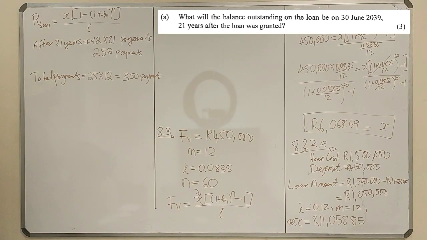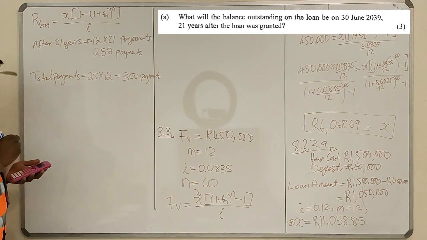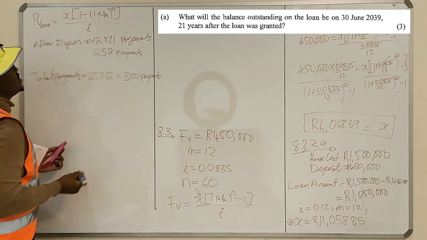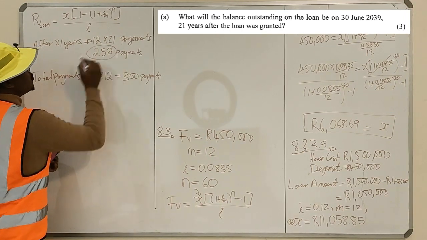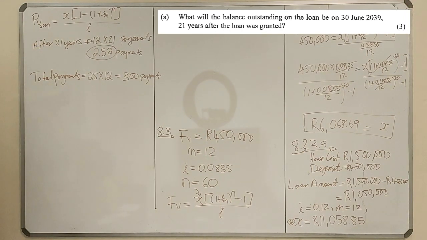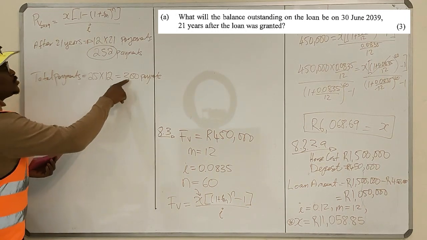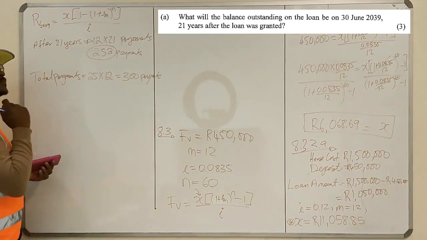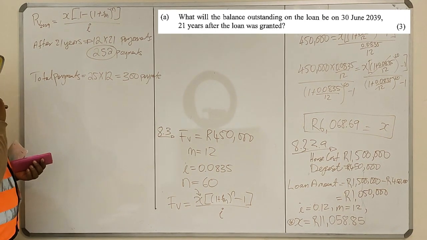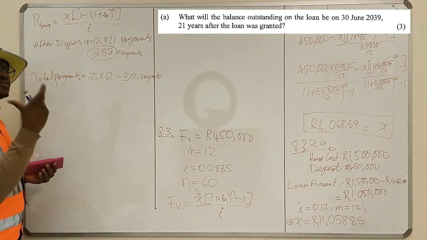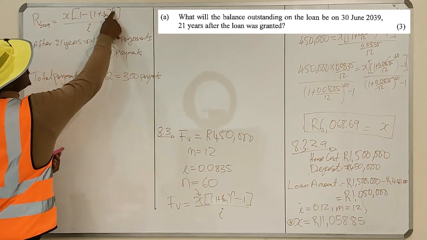By the end of June 2039, he had made 252 payments. Then to find the outstanding payments, the payments he's still to make, you say 300 minus 252.